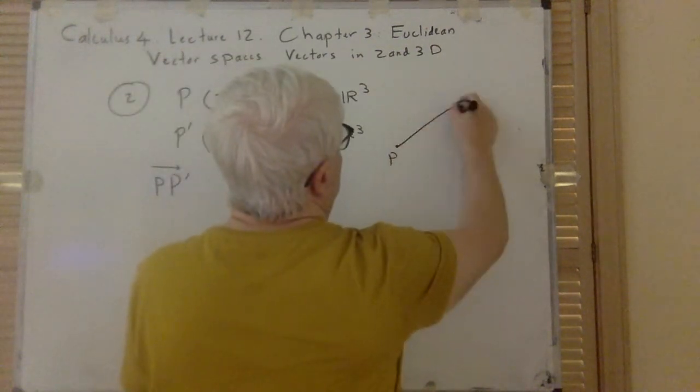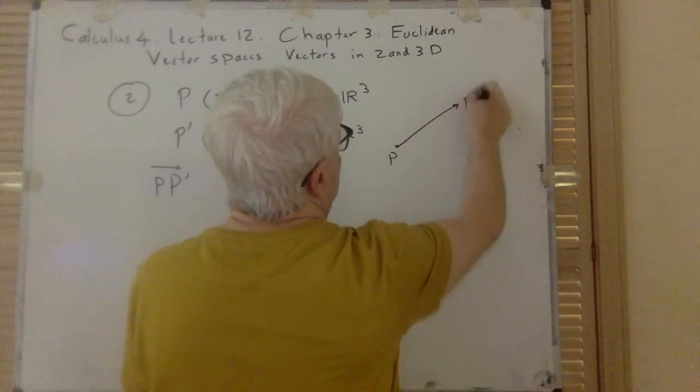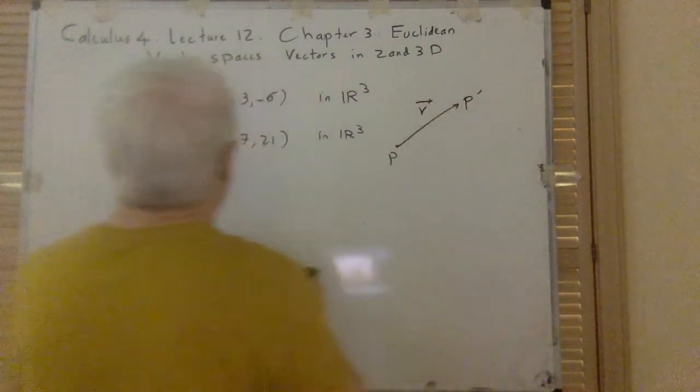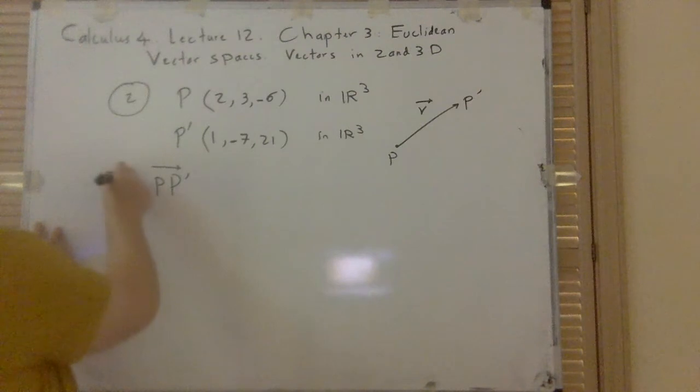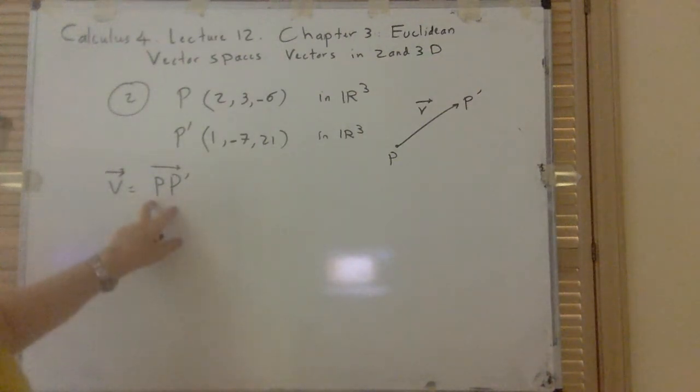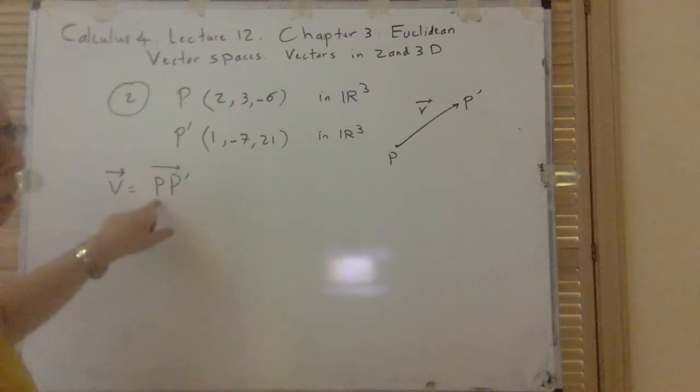That is the vector, the translation vector. So the translation vector can also be denoted with this notation, which is just a notation. It means this is the initial point, and this is the terminal point.